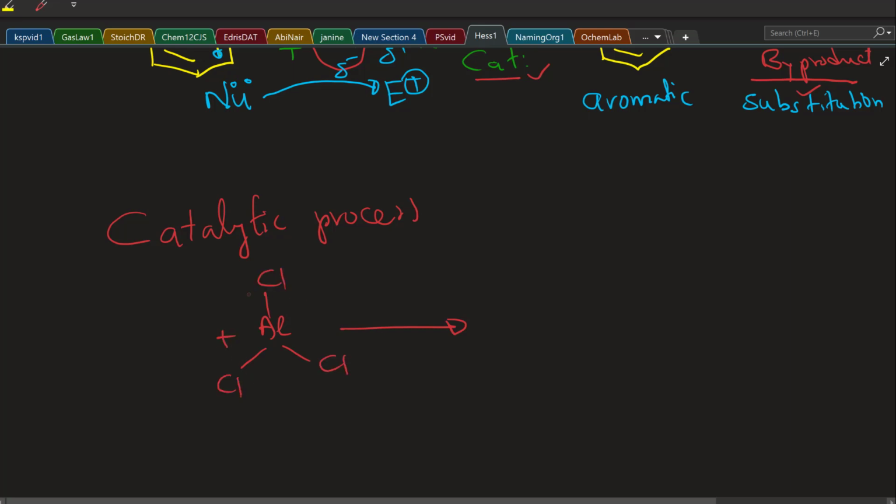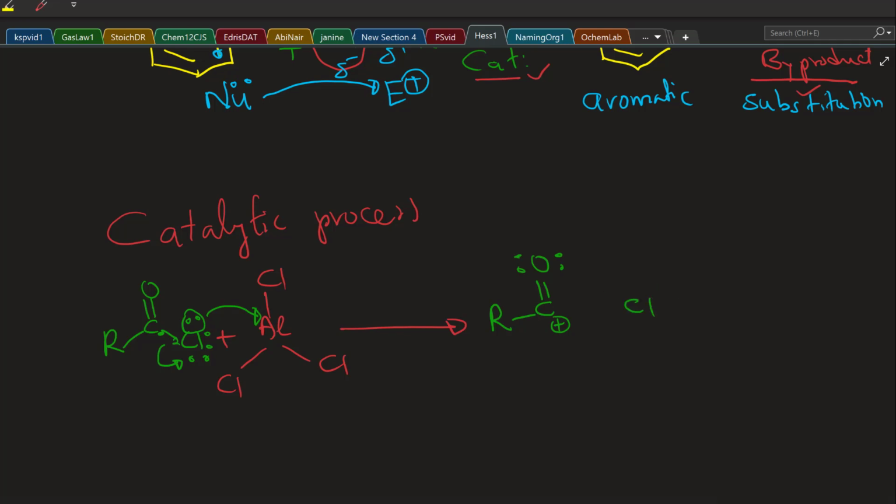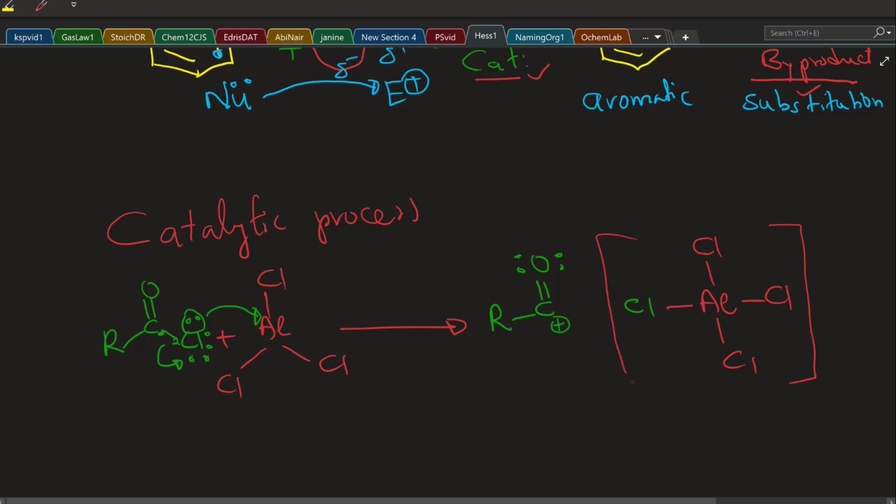Aluminum chloride is a good one, aluminum trichloride, right? Then one of these lone pairs will donate to the electron-deficient aluminum, and the C to Cl bond will be broken. Now you generate RC double bond O positive, which we call the acylium ion, with the plus, and the typical aluminum tetrachloride negative ion there.